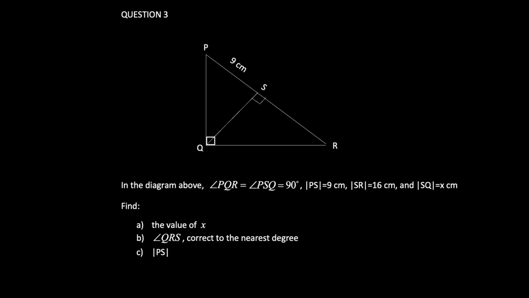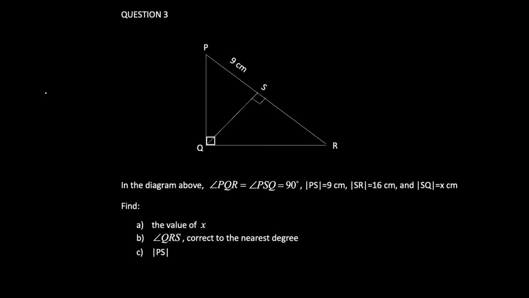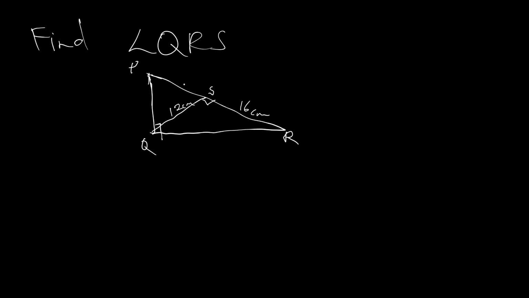So drawing the diagram again, we have a triangle of sides P, Q, and R, and a perpendicular bisector of the line PR at S. And we have here our SQ is now 12 centimeters, SR is 16 centimeters, and then PS is 9 centimeters. And we are being asked to find QRS, which is this angle.